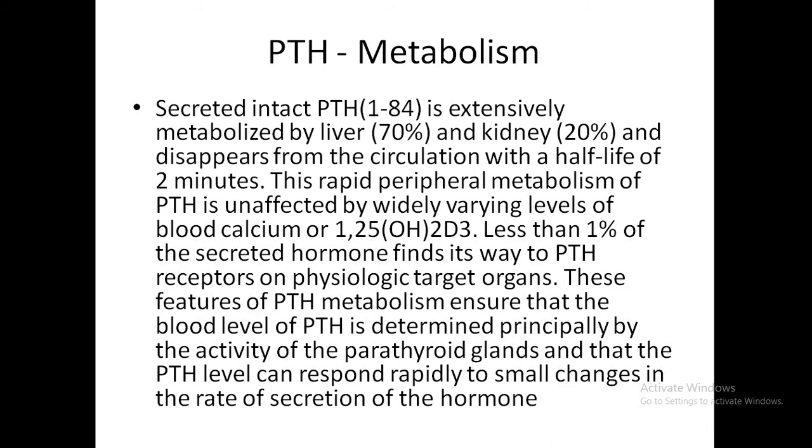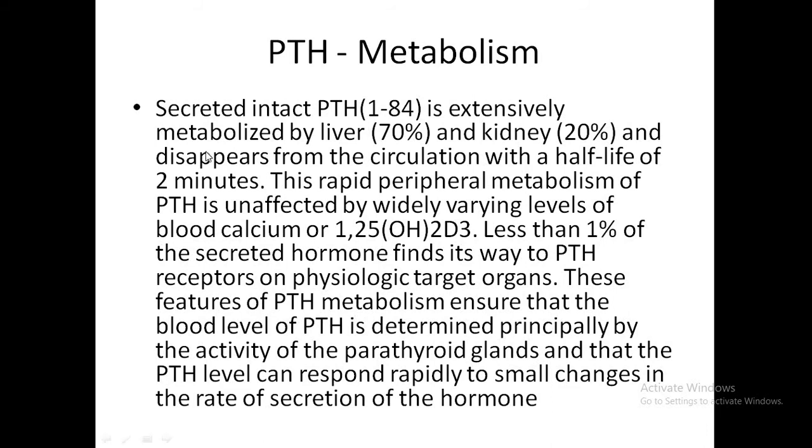And these features of PTH metabolism ensure that the blood level of PTH is determined principally by the activity of parathyroid glands, and that the PTH level can respond rapidly to small changes in the rate of secretion of hormone. As I've already told you before, the dose response curve has a sigmoid pattern, and the PTH levels change drastically in response to hypocalcemia than hypercalcemia.